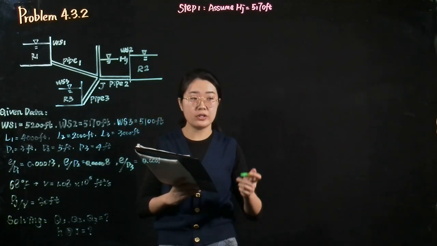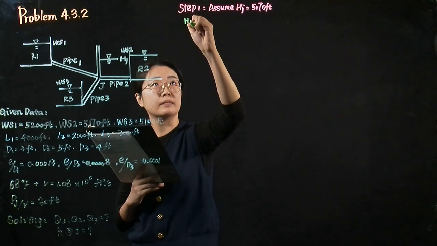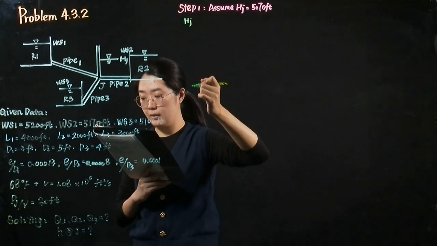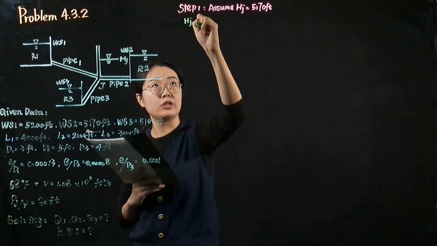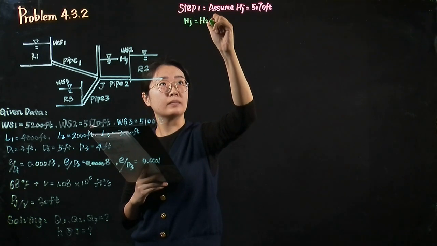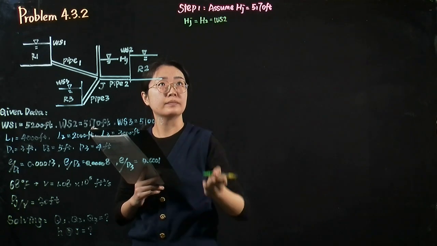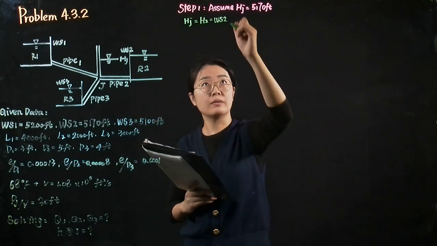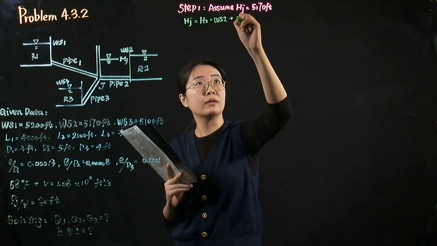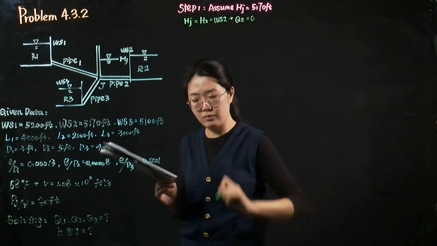So the total energy at junction J is the same as reservoir 2. So the flow rate in pipe 2 equals 0.